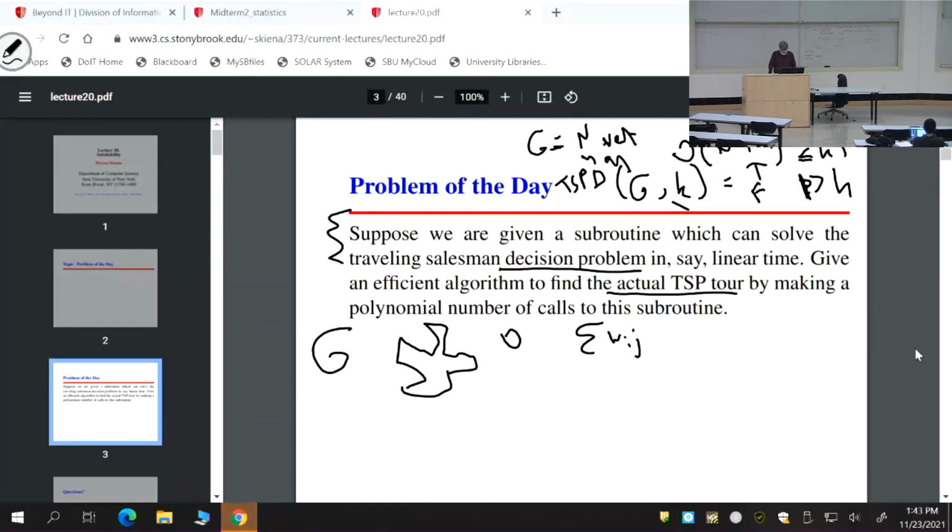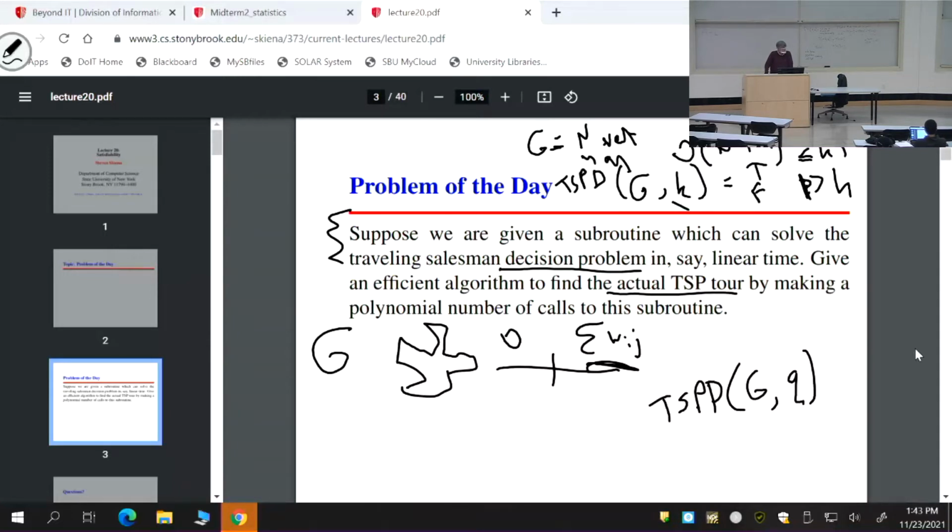If I then call the TSP decision problem on G with a particular query weight Q, where Q originally is at the midpoint of this range, then whether it's bigger or smaller than that, by doing binary search in log of this many queries, I could find the cost of the tour.